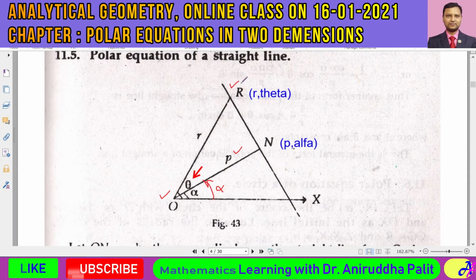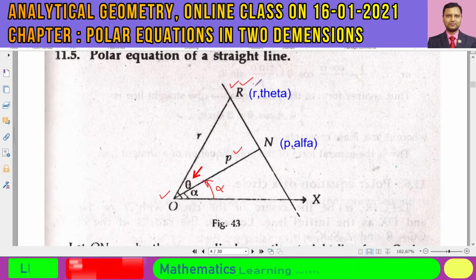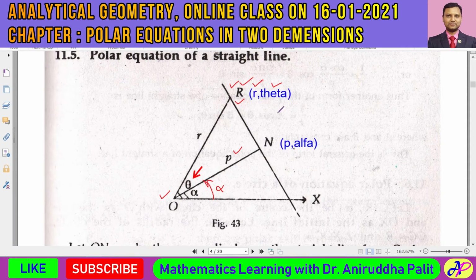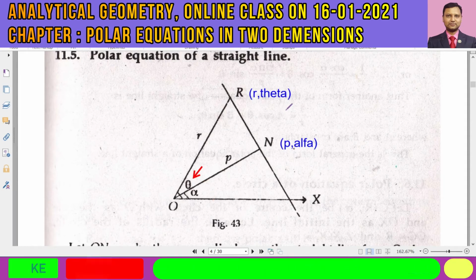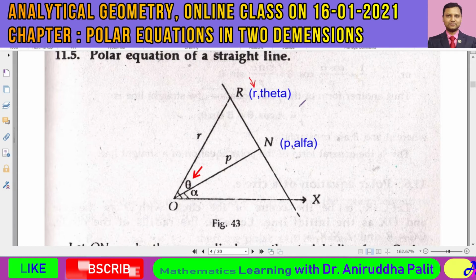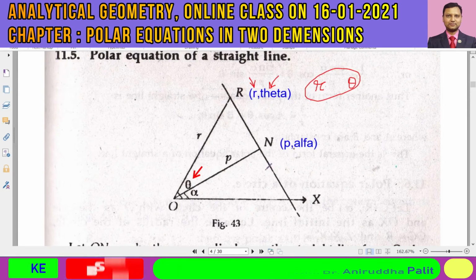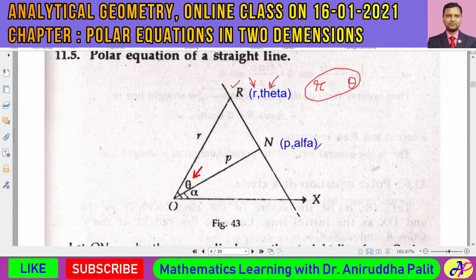If we can find a relation between the polar coordinates r and theta of the point capital R, we will have the polar equation of the straight line, because the straight line is the locus of points like capital R.